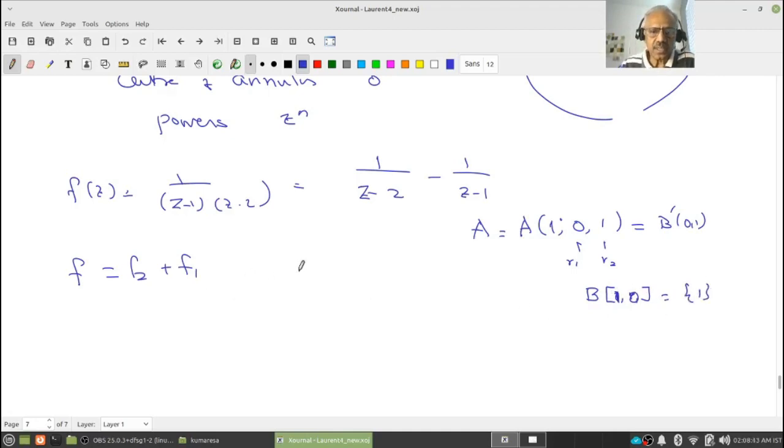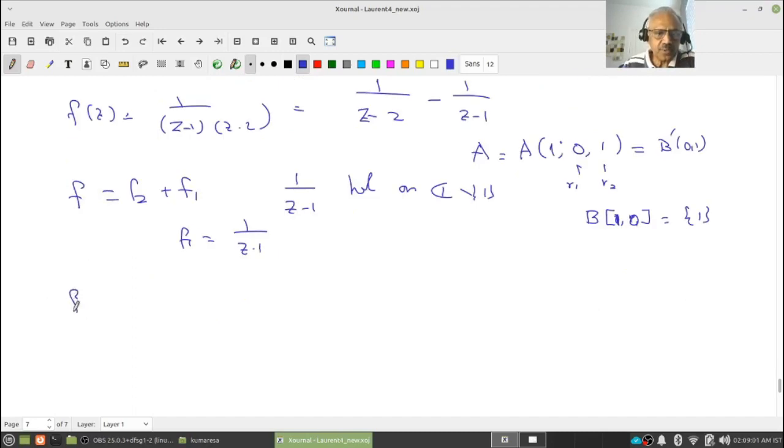Now you look at z minus 1, this is holomorphic on C minus the singleton, right? Therefore my f1 is going to be 1 by z minus 1.